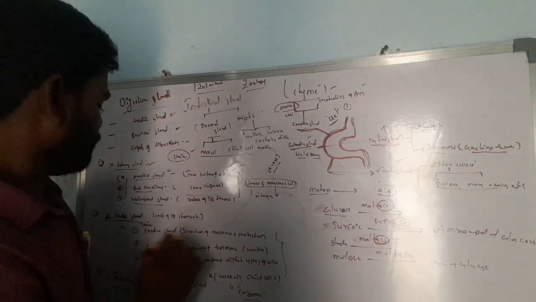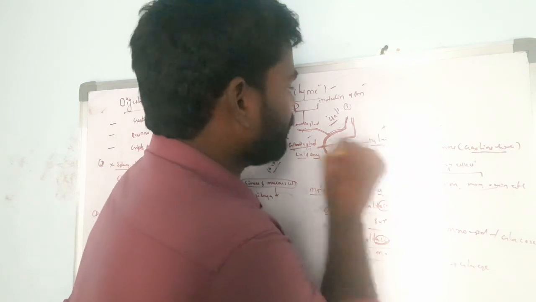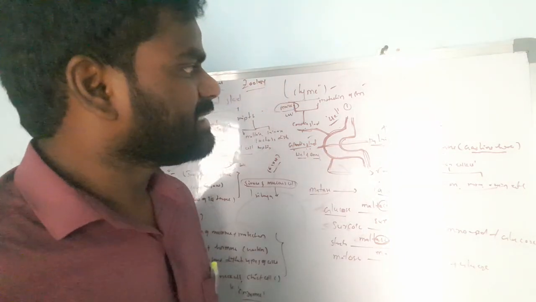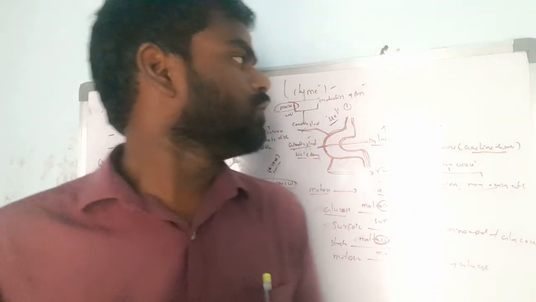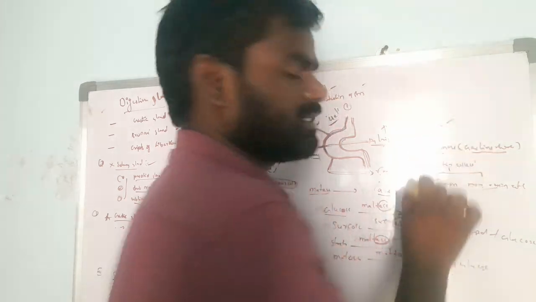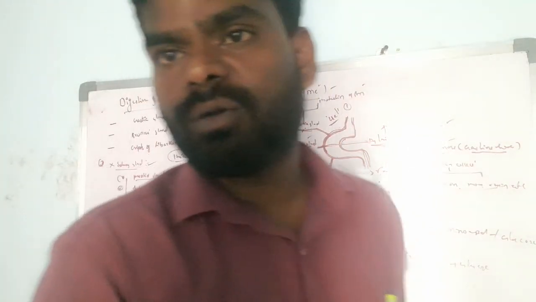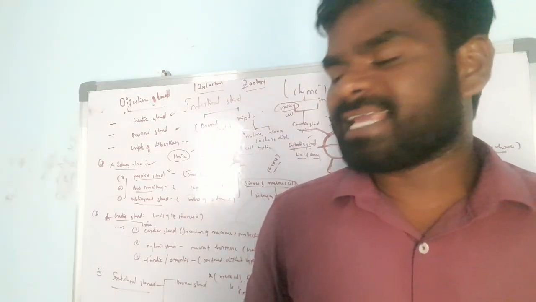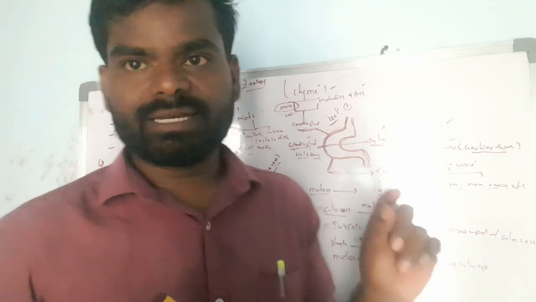And next, pyloric glands. This is the middle part, called the pyloric glands, which release enzymes and hormones. The pyloric glands release mucus, some fluid, and hormones. What is the hormone? Gastrin. Gastrin hormone is released by the pyloric glands.